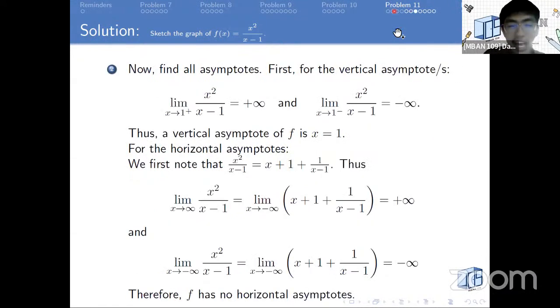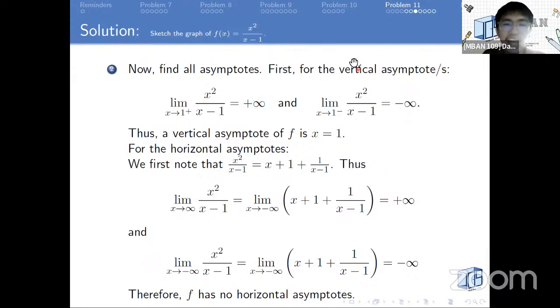So to find all asymptotes, ngayon for the vertical asymptotes, we will find the limit of f of x as x approaches 1 from the right, and the limit of f of x as x approaches 1 from the left, and respectively their limits are positive infinity and negative infinity.